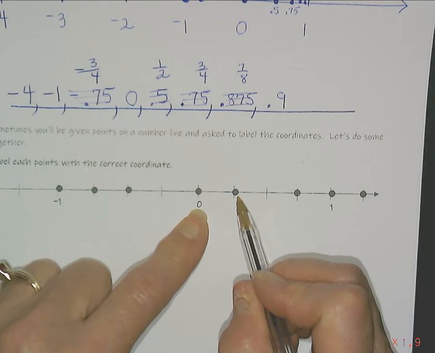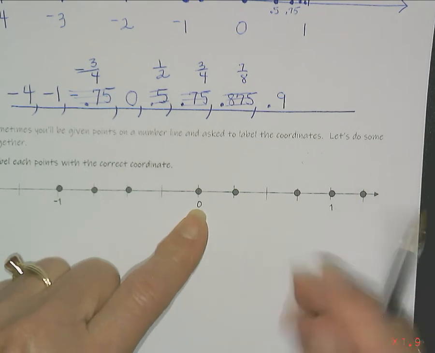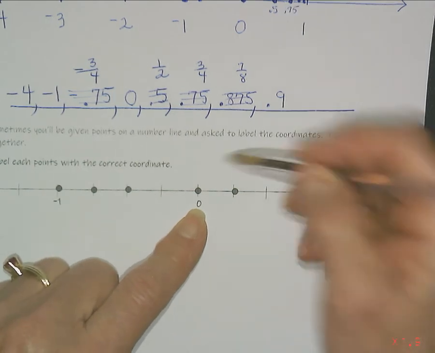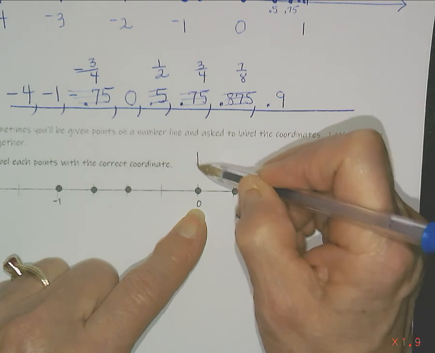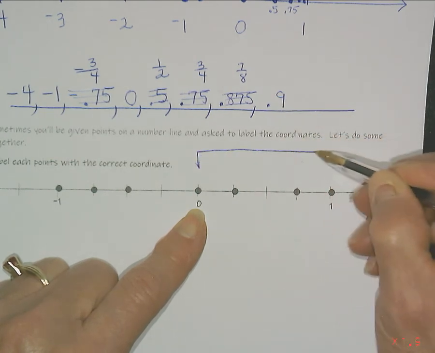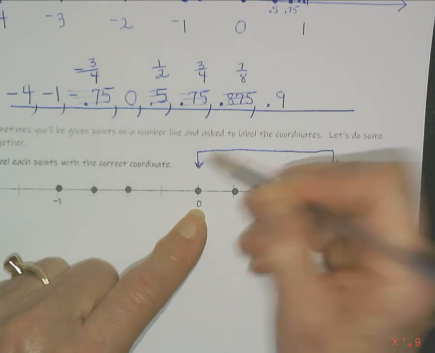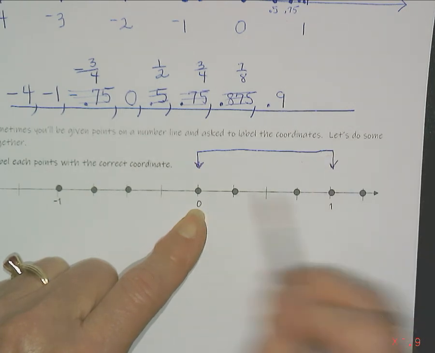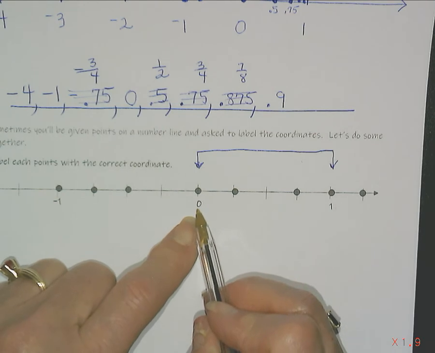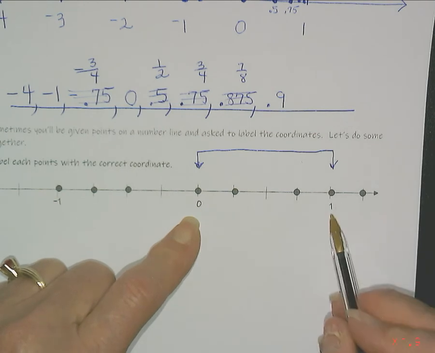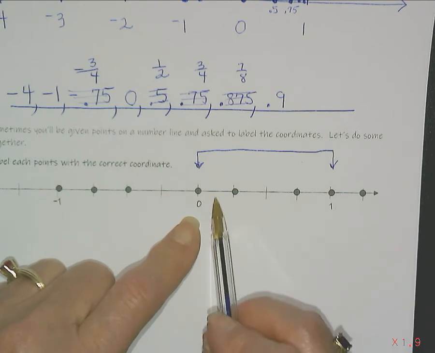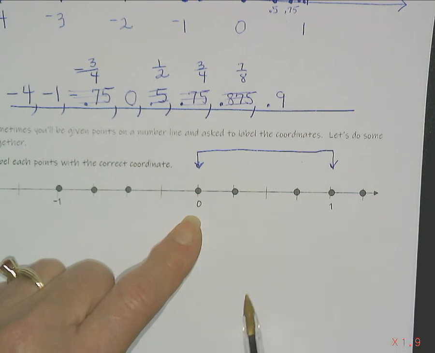So you need to explain to yourself that you're comparing 0 to 1 and figuring out how many sections there are to get from one integer to another integer. So that's how we came up with 4 sections.